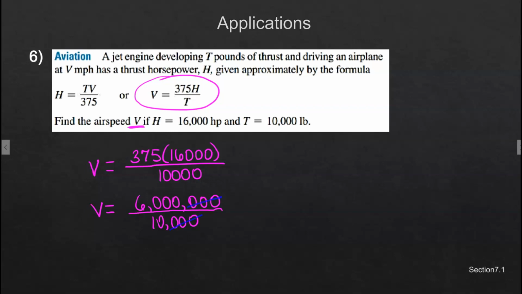This cancels this and the zeros. And so we end up with 6,000, and it's miles per hour. Not a volume, an airspeed. V is volume to me so many times. V is for airspeed this time, and that's 600. Oops, I put too many zeros in there. 600 miles per hour. That doesn't show up quite as well because I marked out this one. So we don't want a comma in there either because it was not 6,000.